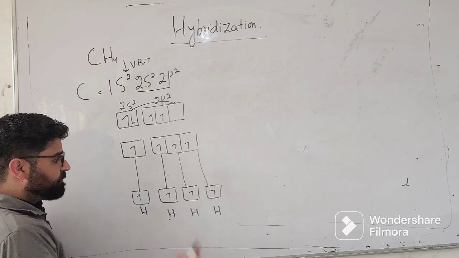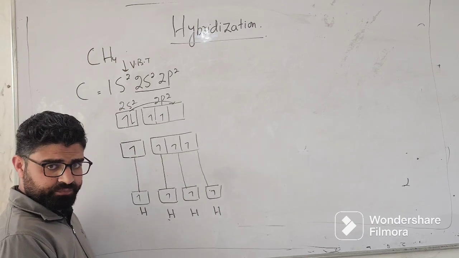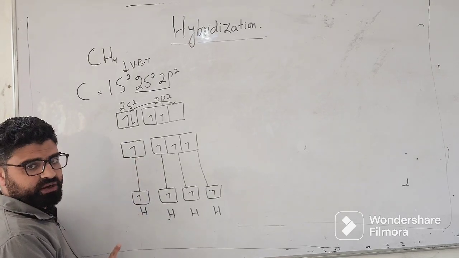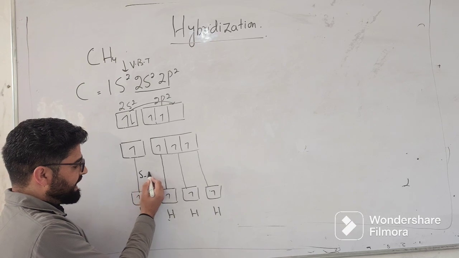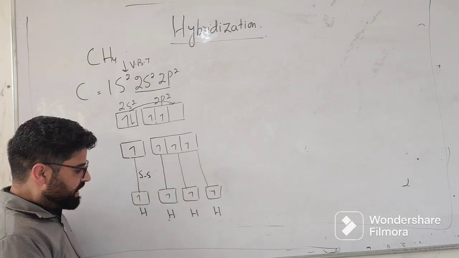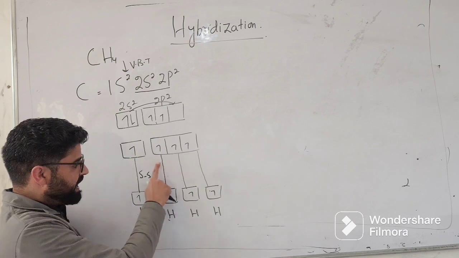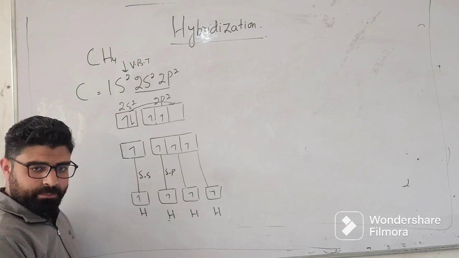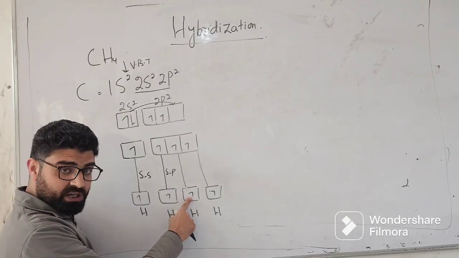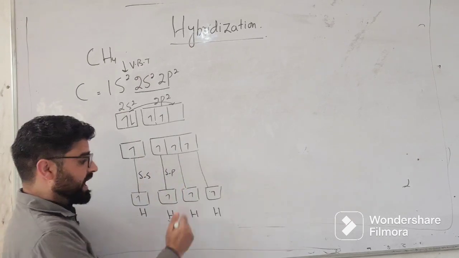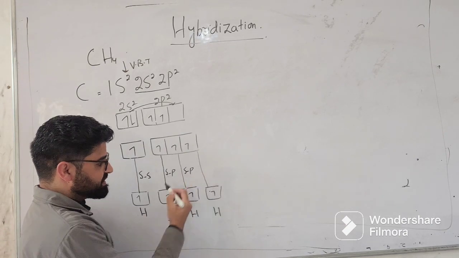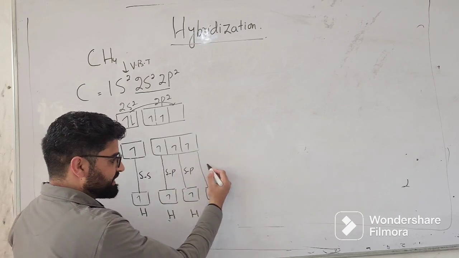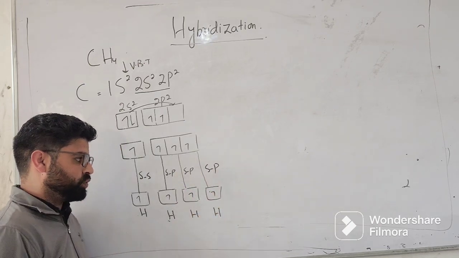Here, the s orbital of carbon and the s orbital of hydrogen form a bond by ss overlap. The other three bonds, between the s orbital of hydrogen and a p orbital of carbon, are formed by sp overlap.